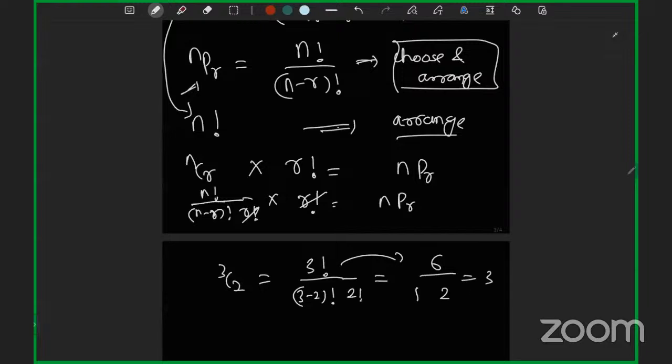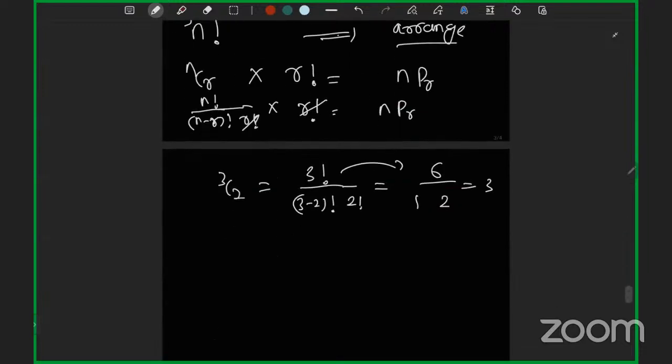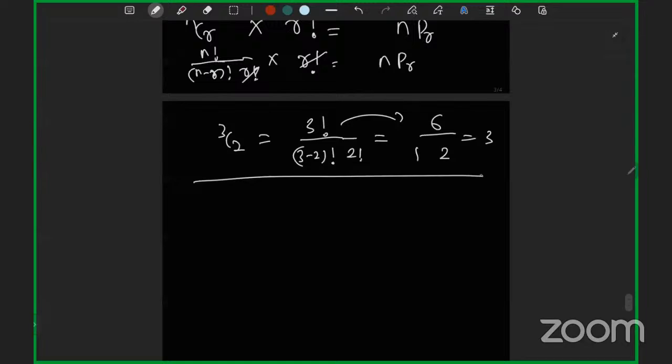So that is 3 cases, right? Either you can choose R1 and R2, or R1 and R3, or R2 and R3. Only these three are possible. Nothing else is possible. So that's what choosing is. Whenever you get a question of choose, just choose, so you have to use combination.